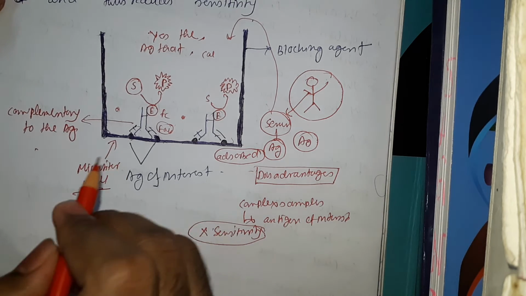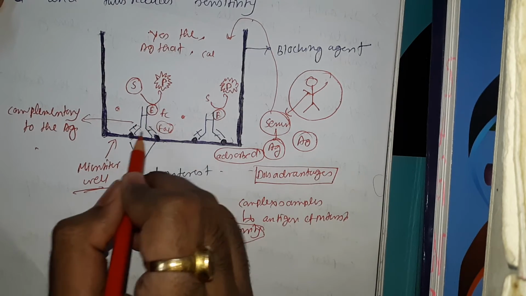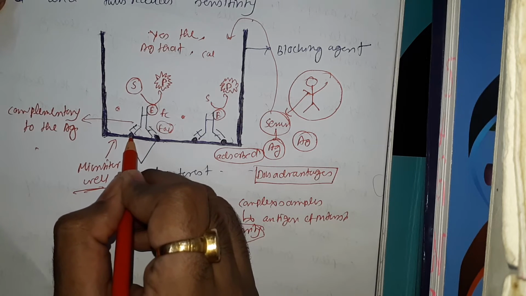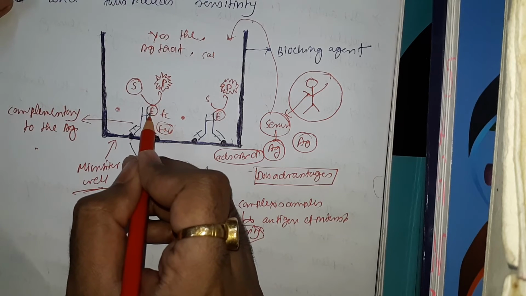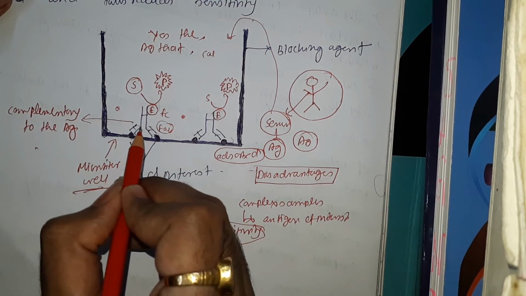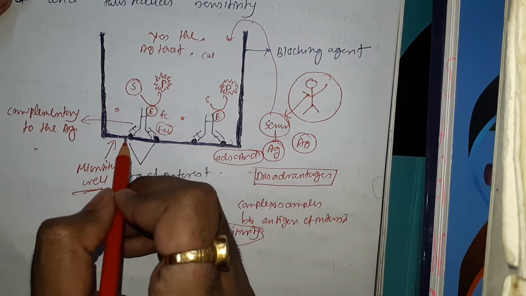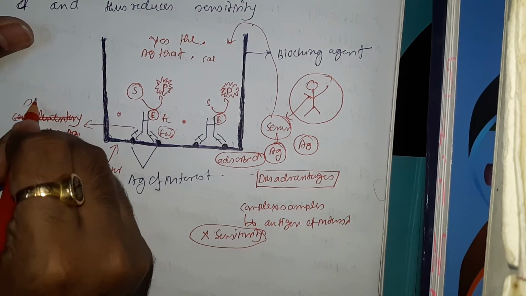That is one point. The second point is, when you are conjugating an enzyme with an antibody, the affinity of the antibody towards the antigen will be reduced. Here I have used a wrong term earlier.